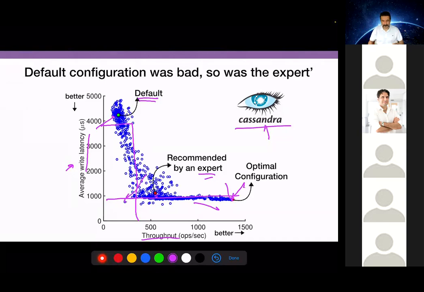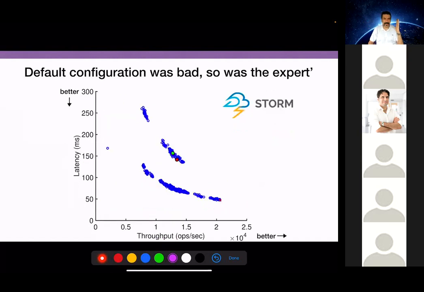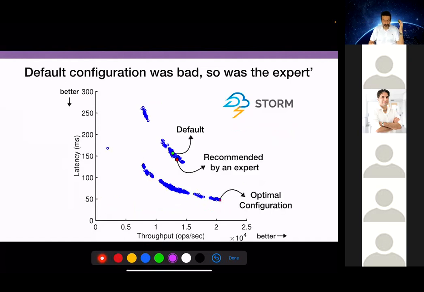It was a very challenging configuration space to reason about any performance, specifically when we have multiple objectives. It was very similar for Storm as well. I'm not going to repeat these, but basically the default configuration was bad, the configuration recommended by the expert was even worse, and this has been the optimal configuration, as you can see.